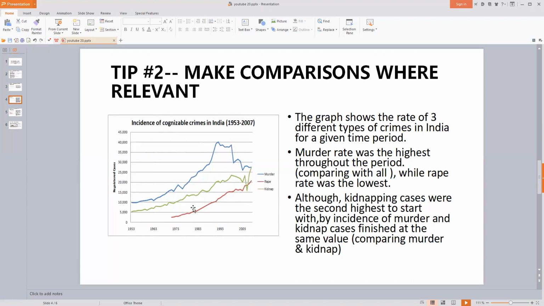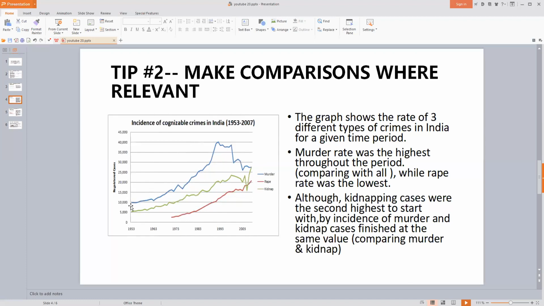Comparison basically means you have to tell the similarities and you have to tell differences between the data shown. So what are the similarities between the number of registered cases of these 3 types of crime? Or what are the differences? Let's look at how we will write about this graph. Well, we can see the murder rate was the highest throughout the period. This is something very essential.